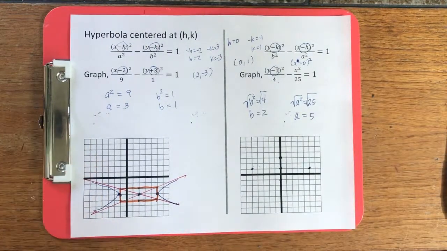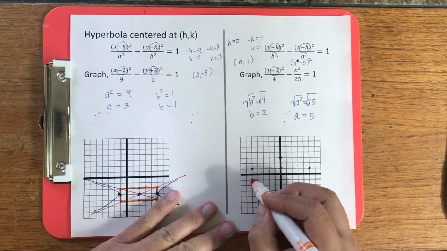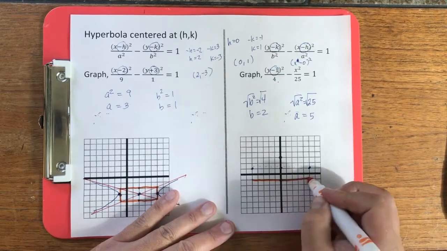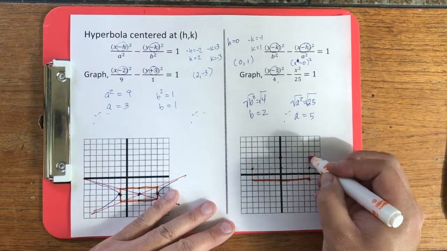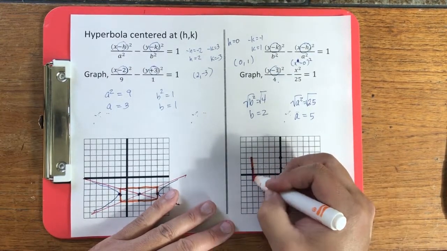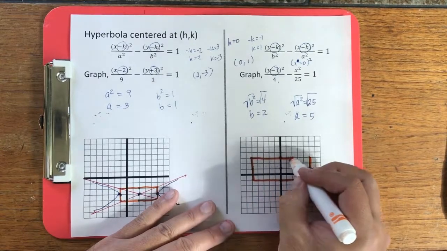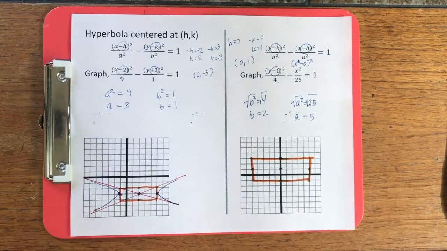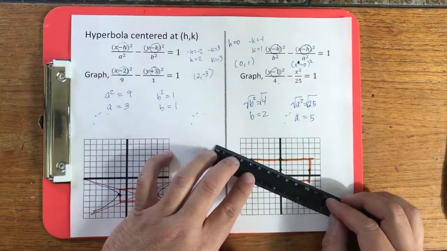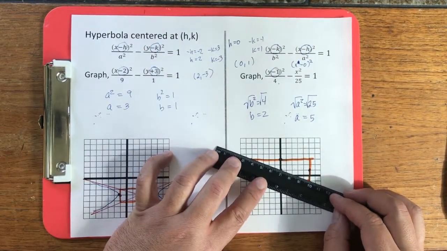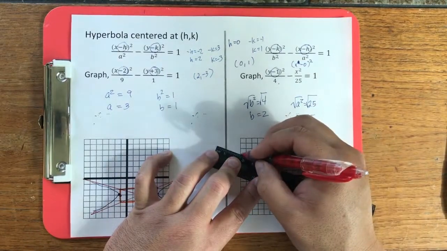And then I want to draw my little rectangle. Okay. Then from my rectangle, I'll draw my asymptotes through the diagonals.